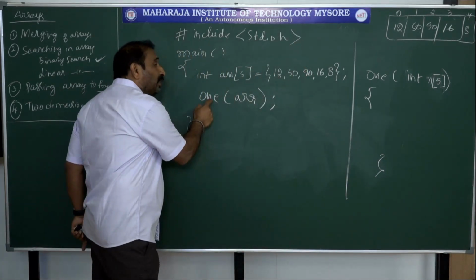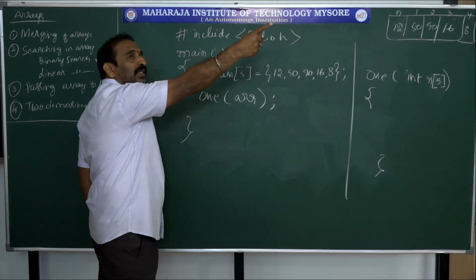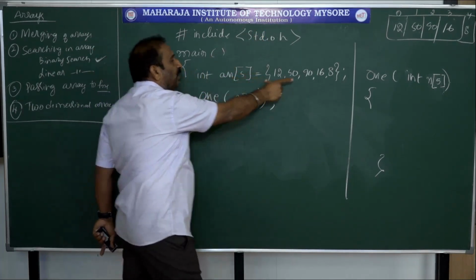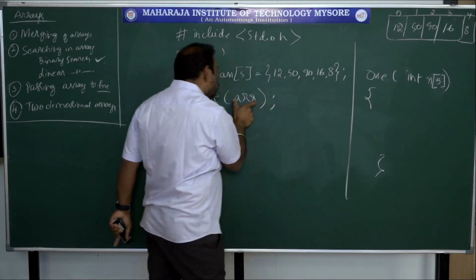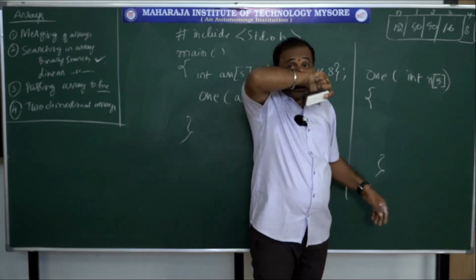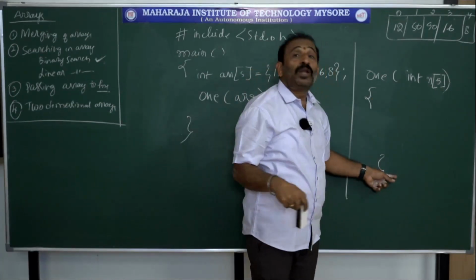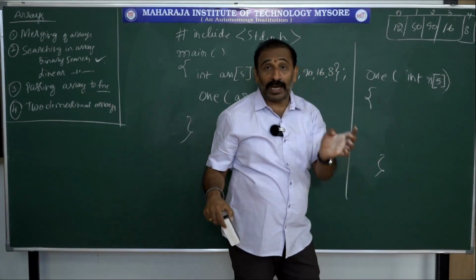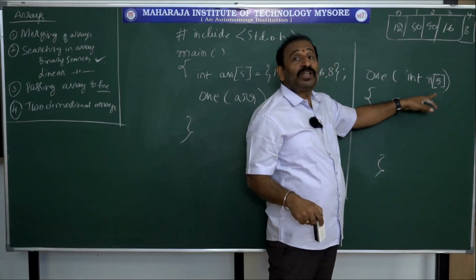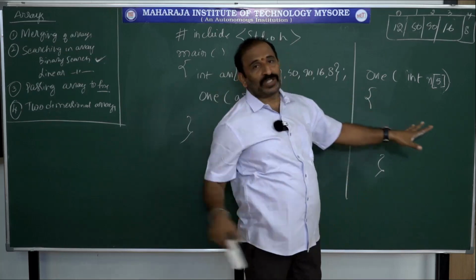This main is calling that. So the main array is already having these 5 values. These 5 values are passed. So therefore, in this, n is a local array, and it has got 5 values which have already come from this function.